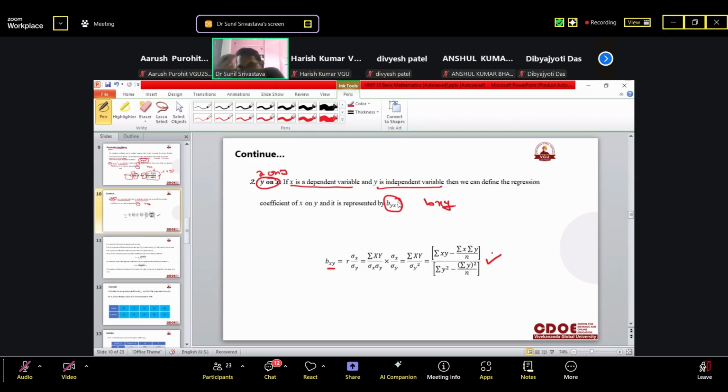This is a useful formula. We have to know this to find the solution of the regression coefficients for the regression lines y on x as well as x on y. So these two formulas must be useful to find the solutions.